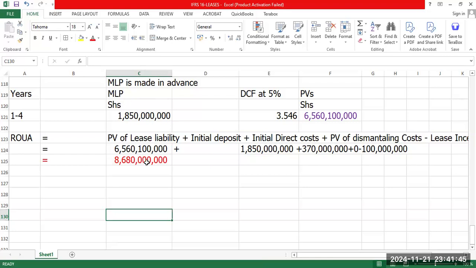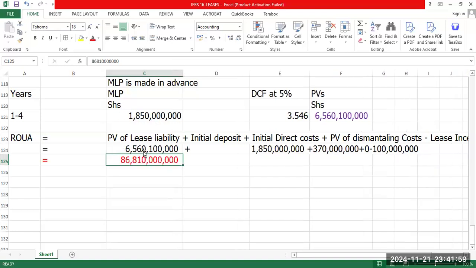Yes, 80 then 100. No, it is 801. No, the figure is 86801.